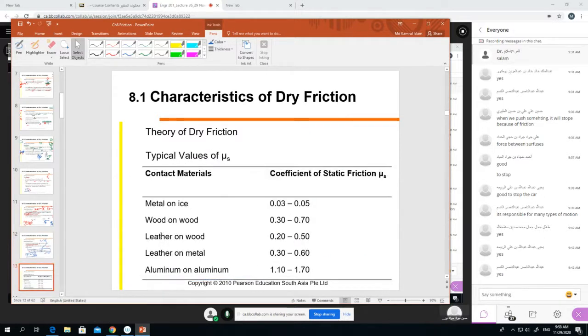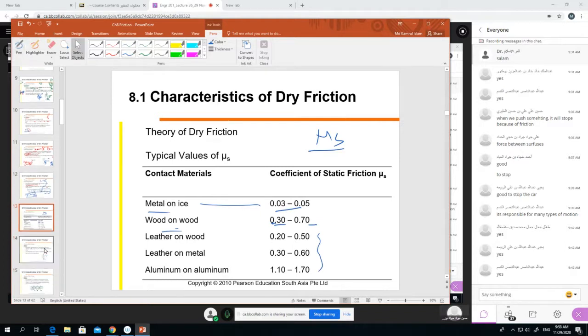Now, the coefficient of friction depends on different materials. The value of the coefficient of friction, like mu s, depends on the materials. For metal on ice it is 0.5, and wood is 0.3 to 0.7, and so on.